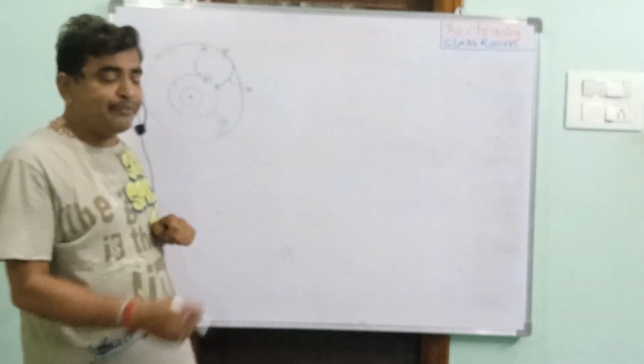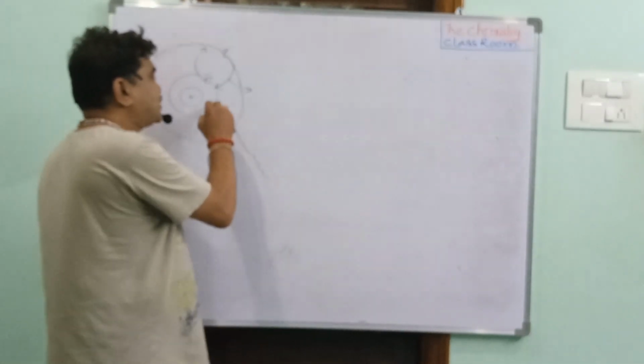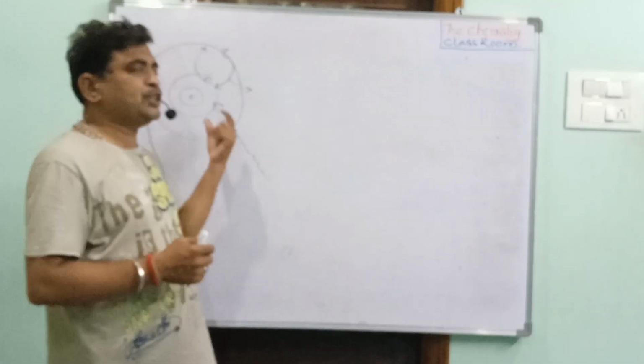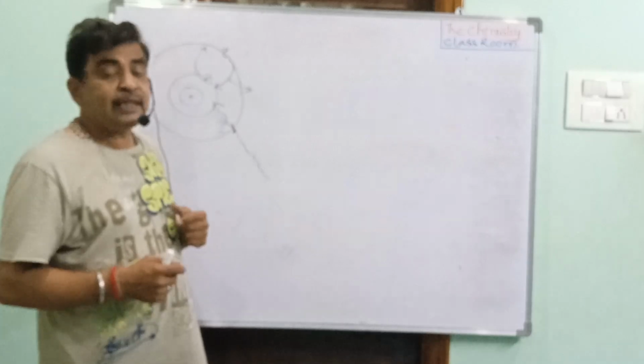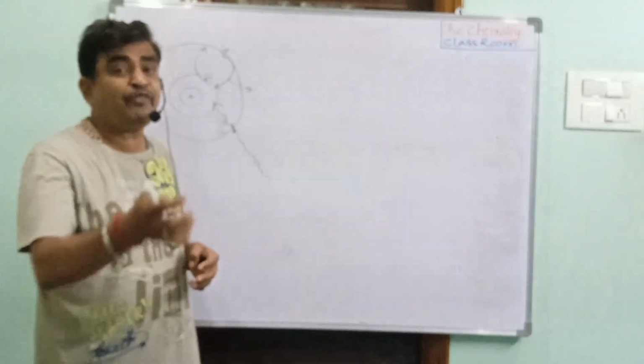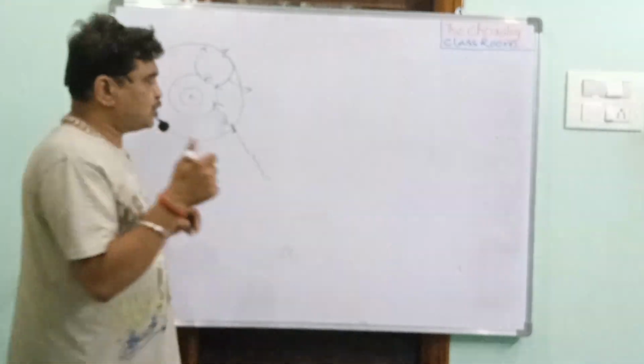For example, on this atom I am passing visible radiation. The visible radiation is passed on the atom. From the visible radiation, the electron absorbs one frequency or one wavelength of that VIBGYOR.